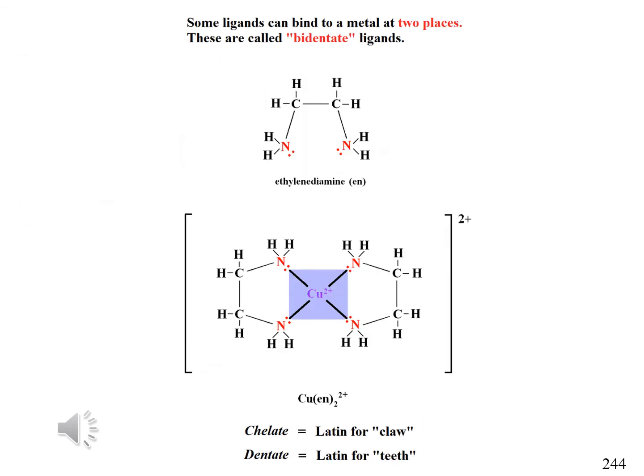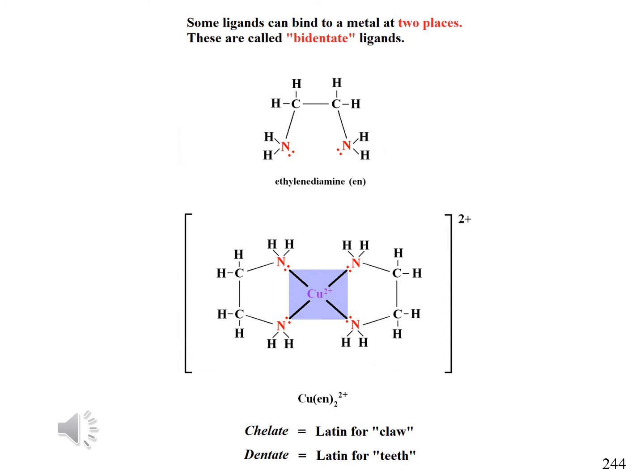Now right away we have to get into a type of ligand that's called a bidentate ligand, because they're so important in complexes. What I showed at the top of this slide is the structure of a molecule called ethylene diamine, which I abbreviate EN. You do not have to know these names, because you're going to get a table that you can look at in order to figure out everything you need to about ligands.